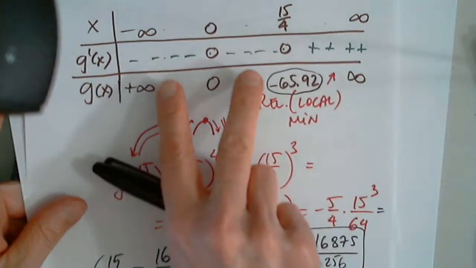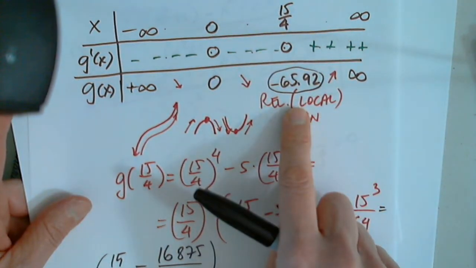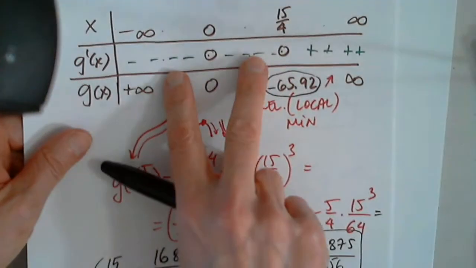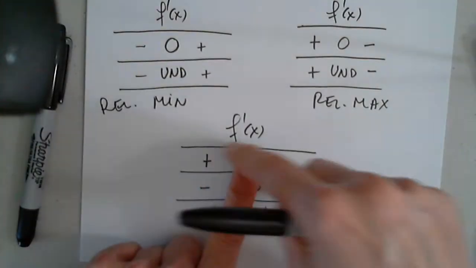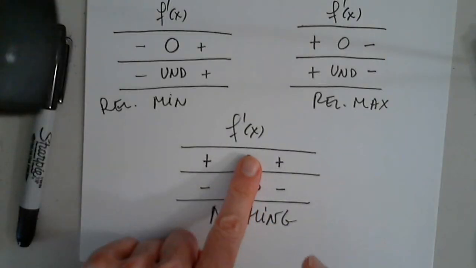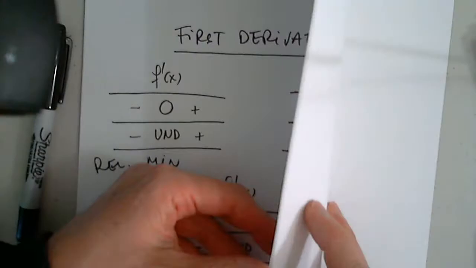Clearly a minimum, clearly nothing, clearly a minimum. So this is the situation, either plus plus or minus minus. And you understand it can be 0 and minus minus. It can be undefined and plus plus. So this is the first derivative test.